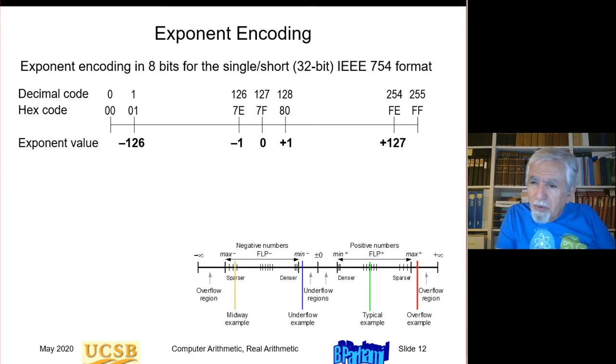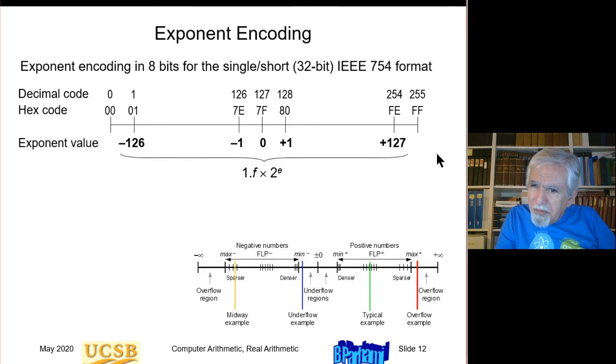So as I mentioned, the exponent encoding for the short IEEE format is such that the values -126 to +127 are encoded as numbers 1 through 254, or in hex as 01 to FE. 0, or 00 in hex, and 255, FF in hex, are special values, used to represent special values.